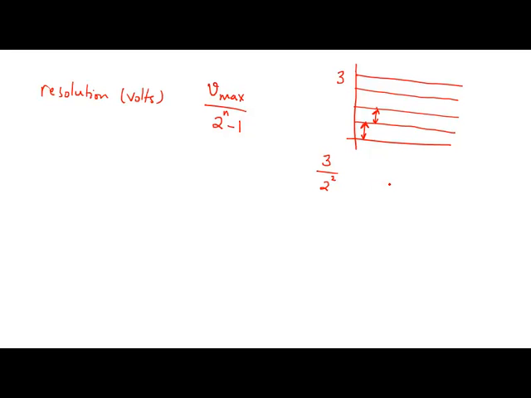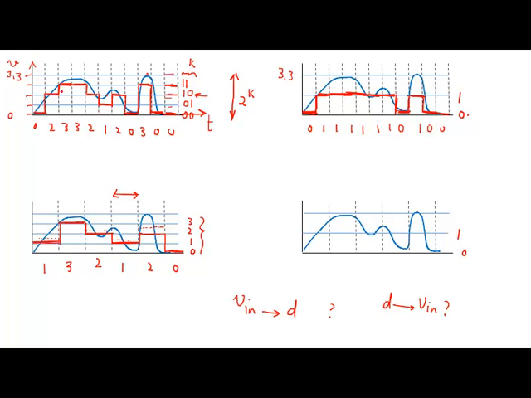Now, some analog to digital conversions use 2 to the n, some use 2 to the n minus 1, and your PIC is one of those. The PIC microcontroller is going to do 2 to the n minus 1. And the reason that it's 2 to the n minus 1, you can see from the previous slide, right? Here, we never go to the actual value of 3.3.